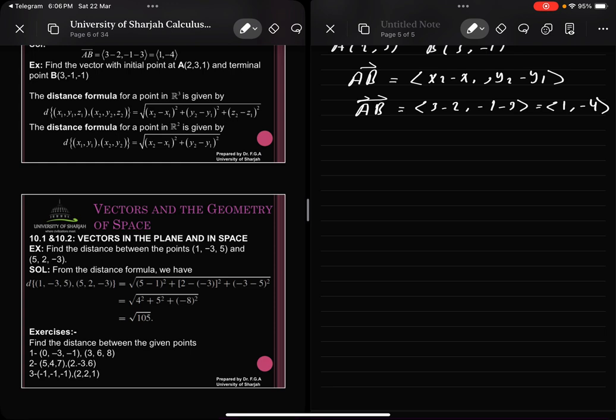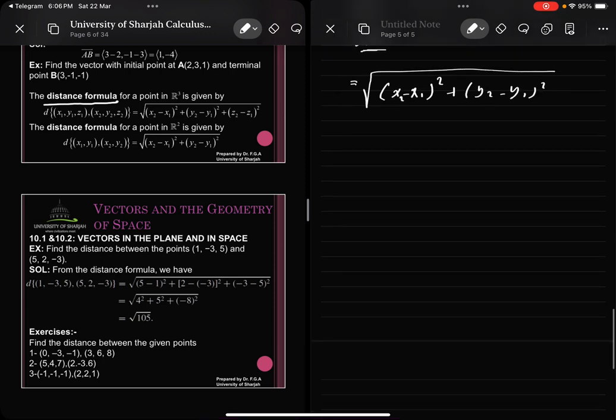And also if you want to find the distance formula for the point, same thing. If you want to find the distance for this AB, it will be the square root of (x2 minus x1) squared plus (y2 minus y1) squared.